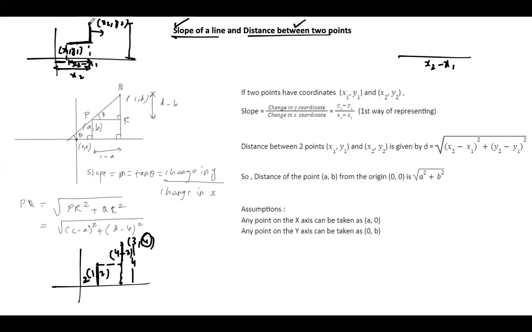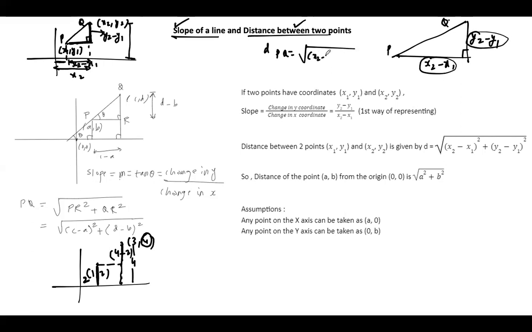Similarly, this is nothing but y2 minus y1. So if this distance is P and Q, then using Pythagoras theorem, can I say that distance PQ is nothing but the square root of x2 minus x1 squared plus y2 minus y1 squared?